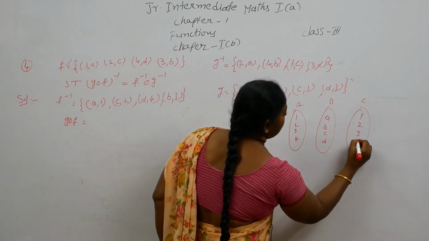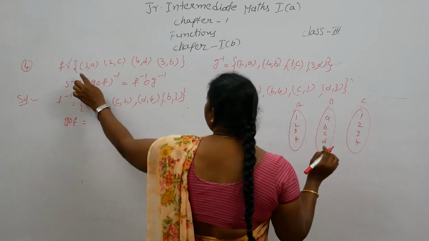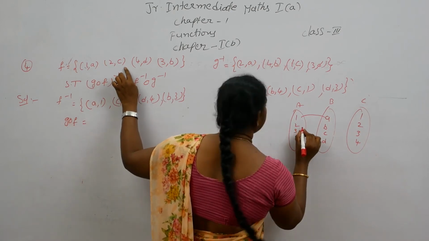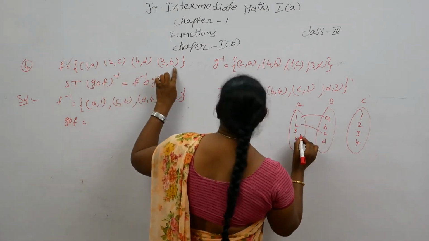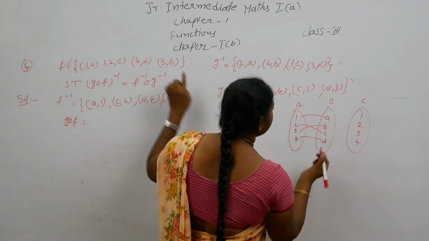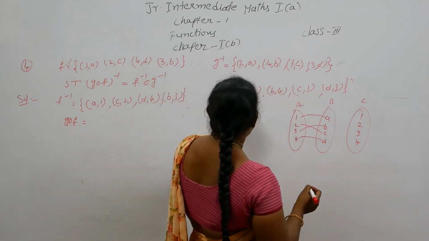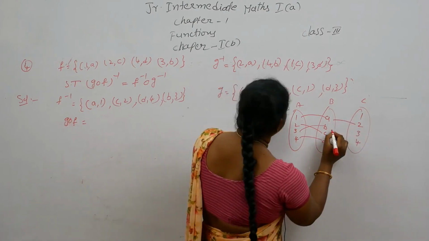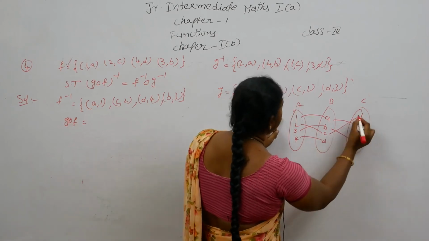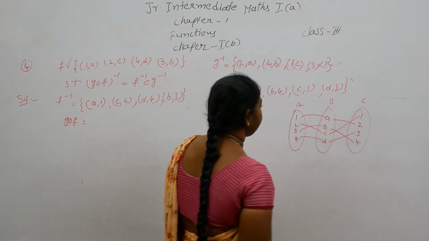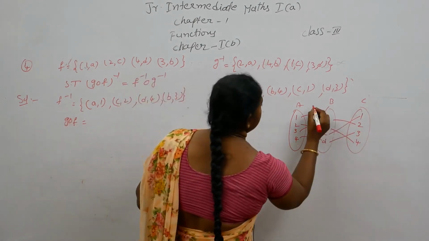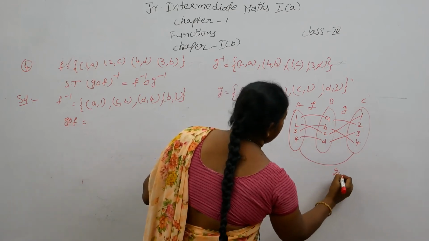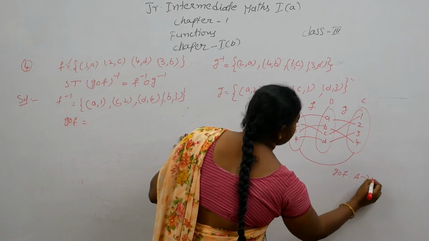So f equal to 1 to A, 2 to C, 3 to B, 4 to D. Like that, G value A to 2, B to 4, C to 1 and D to 3. By using this, this is F function, this is G function. So this is G of F function from A to C.